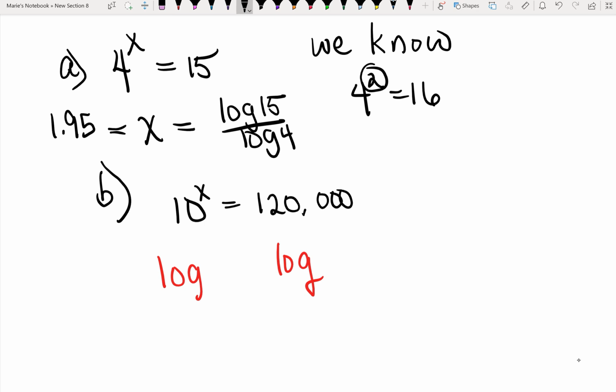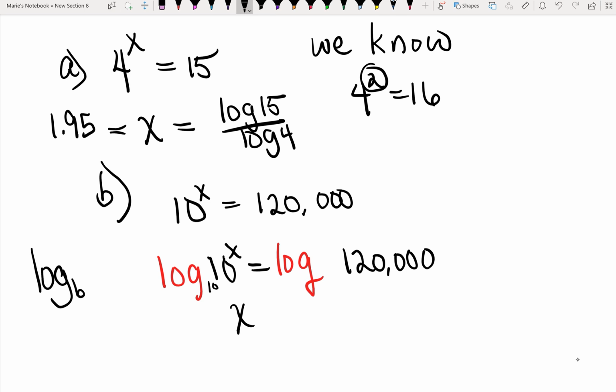So in this case, this becomes log of 10 to the x is equivalent to log of 120,000. Because you have log on both sides, and remember this is a 10 here, you're left with x, because 10 to the x is x. Remember that rule that we went over with the log of the base?